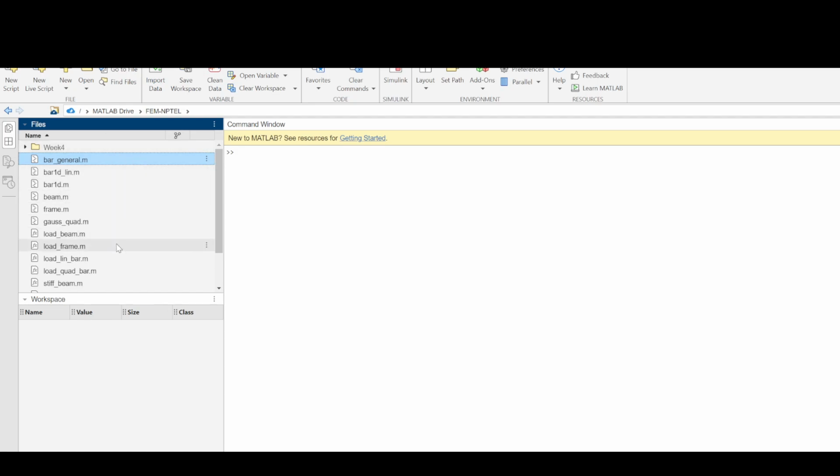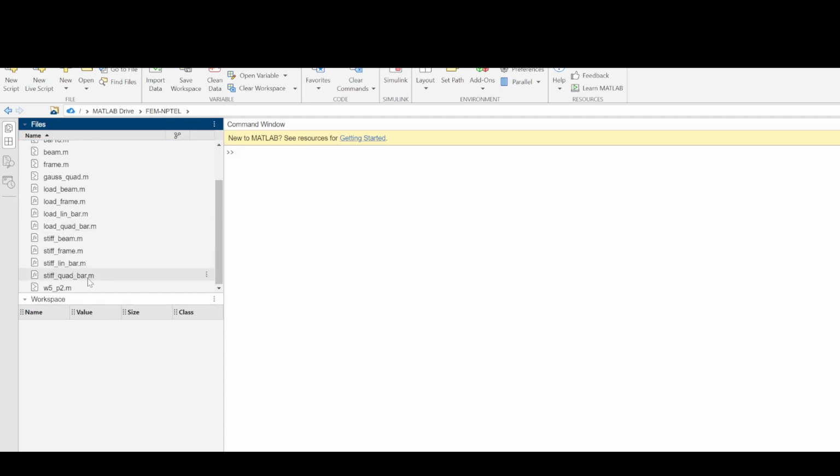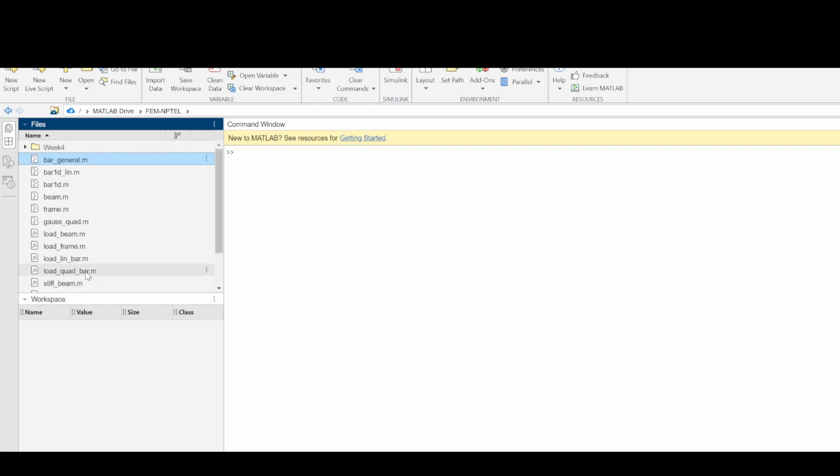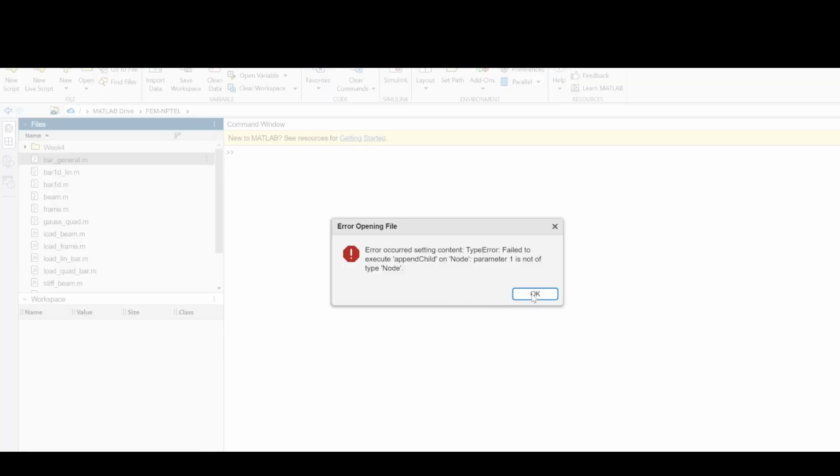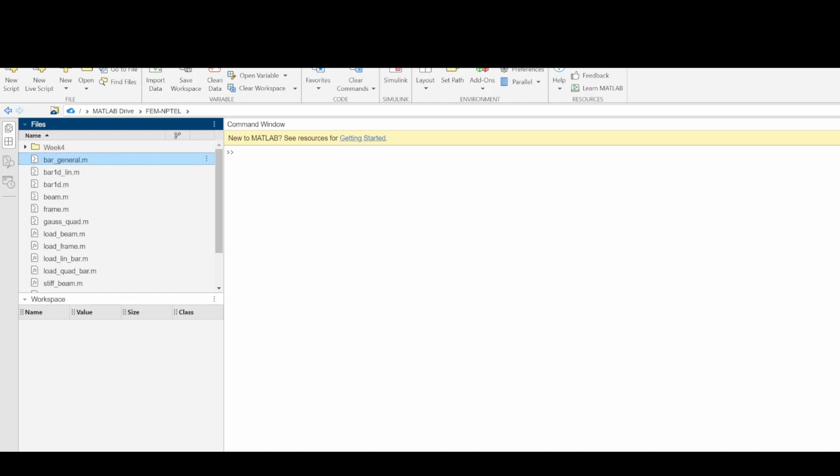Apparently there's some issue with opening the file. Let me see again. Let me refresh the page.